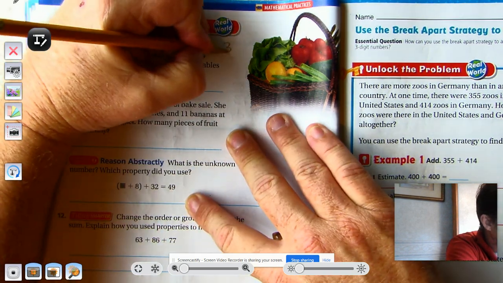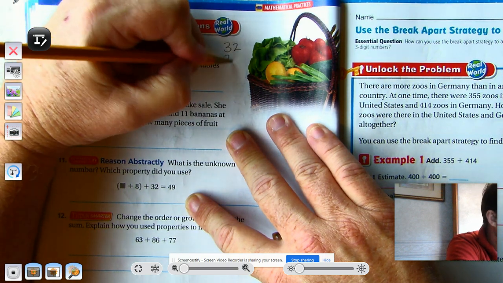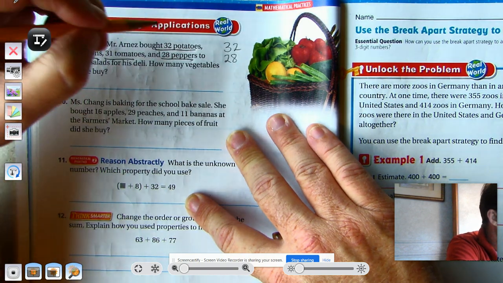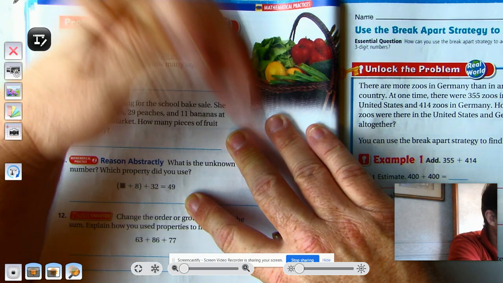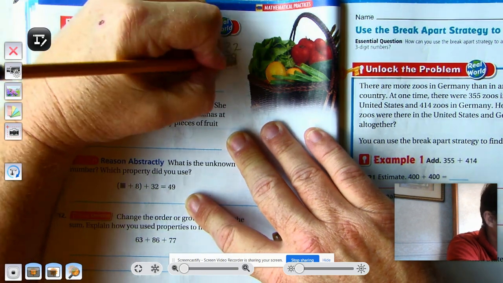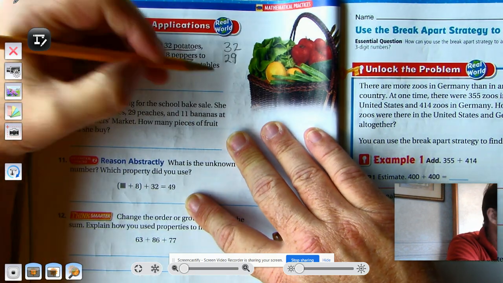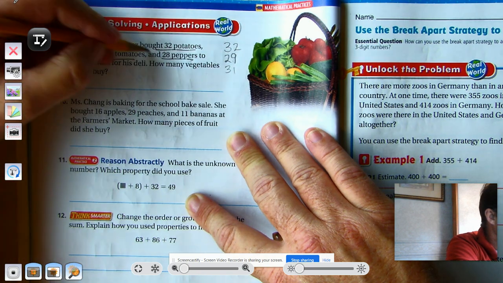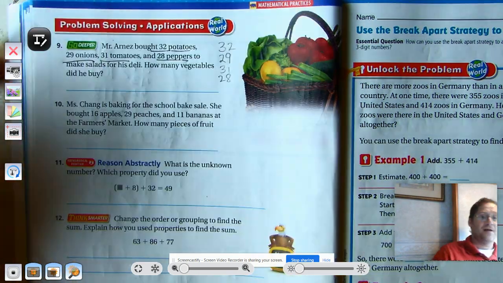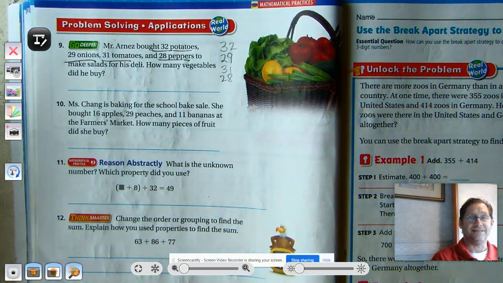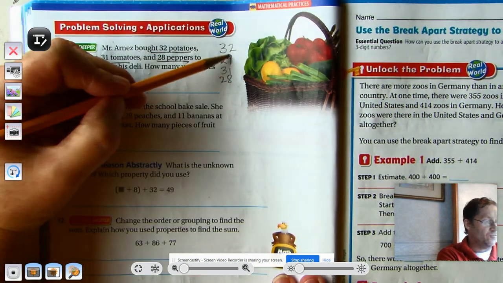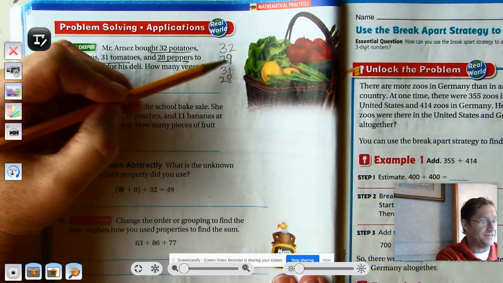So this is an addition problem. 32 plus 29 plus 31 plus 28. Okay, so do you see any 10s? Well, I see that 9 and 1 is a 10, as well as 8 and 2.